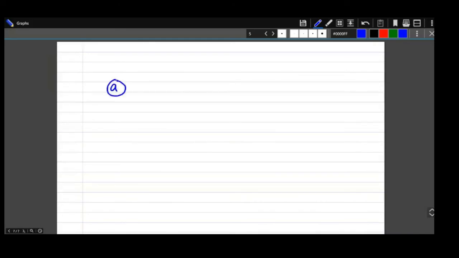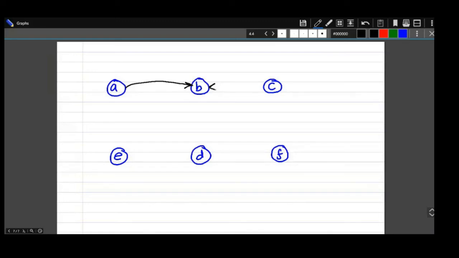So let's say this is A, this is B, then C, D, E. You can also draw side by side, so that will also help you to understand. Let me draw the graph first, so that we can have this discussion.